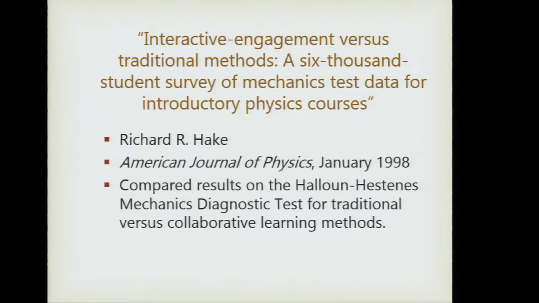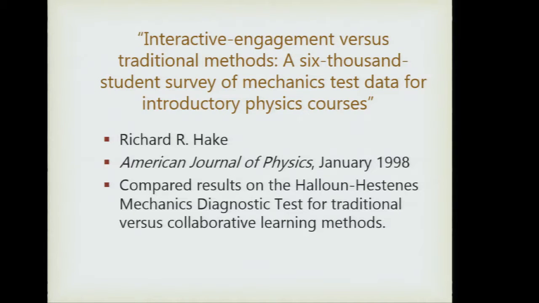And then in 1998, Richard Hake published a paper, and it was a huge study with 6,000 students, to try to make sense of the different approaches that had been tried to get students to learn physics better. And what he found was, in essence, that if you use traditional methods of teaching, talk and chalk, there was very little improvement. If you used active engagement, on the other hand, there was a substantive improvement.